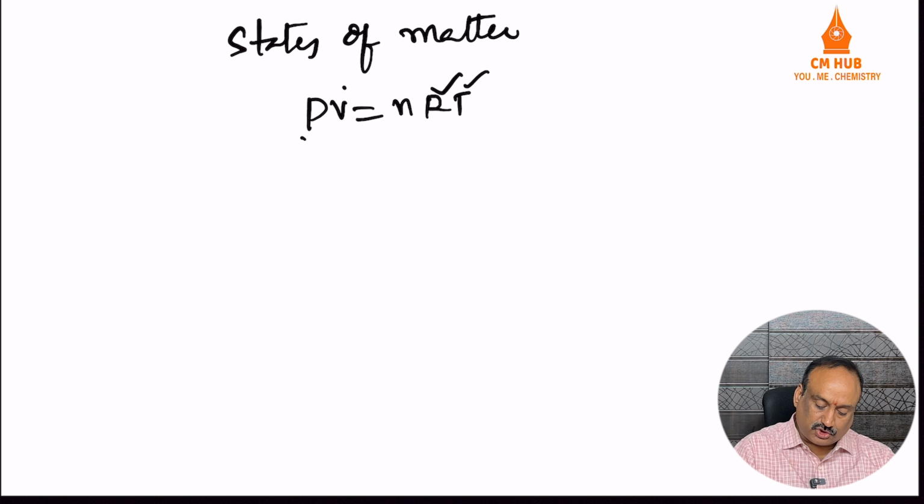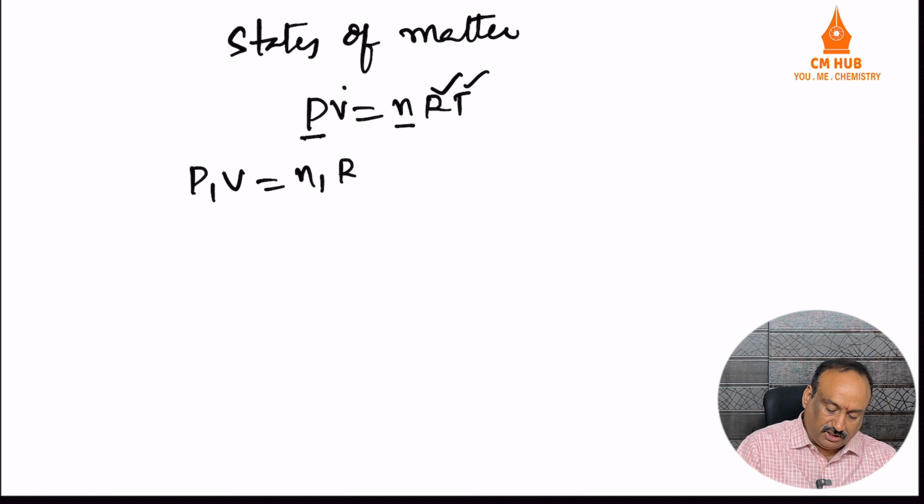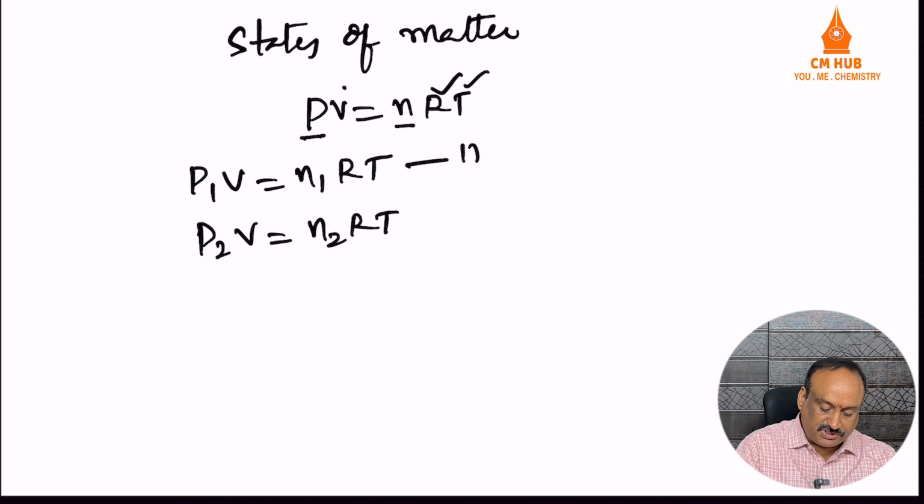That means we get the ratio between P and n, where P stands for the pressure, n stands for the number of moles. I write the equation as P1V is equal to n1RT. V is constant, R is constant, T is constant. P2V is equal to n2RT. This is equation 1, this is equation 2.